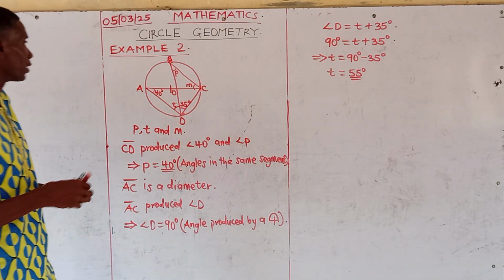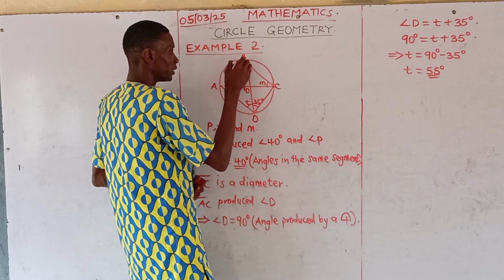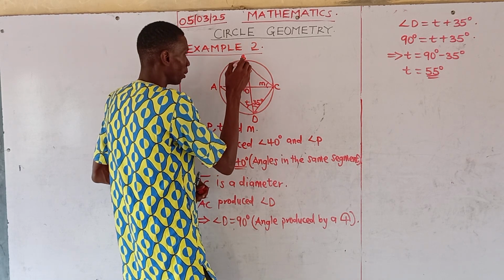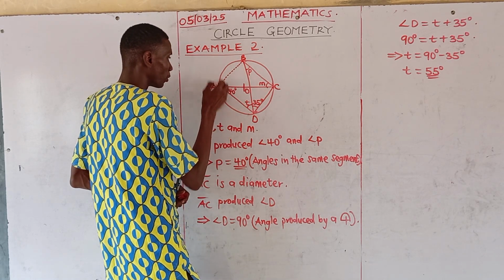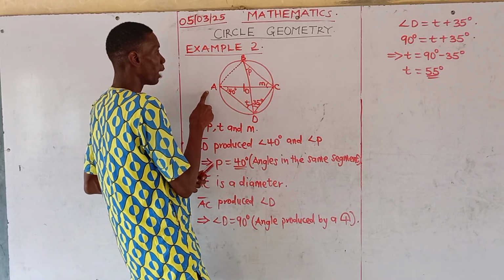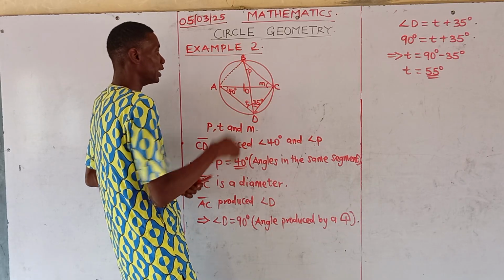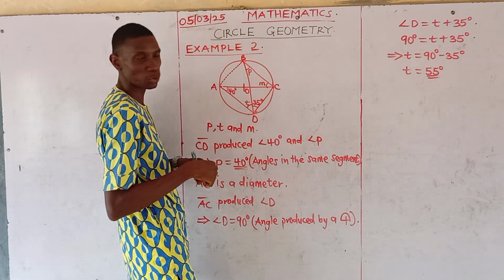How do we identify that? Let's check it out. Let us close line AB and see what will happen. By the time I close my chord AB, you will see that my chord AB is producing two angles as well.